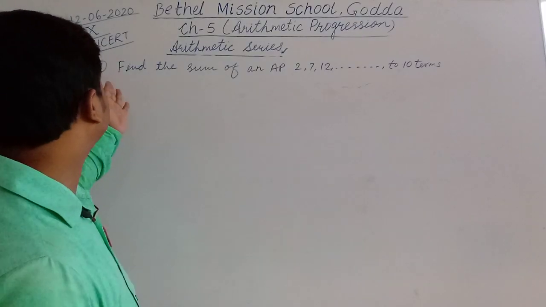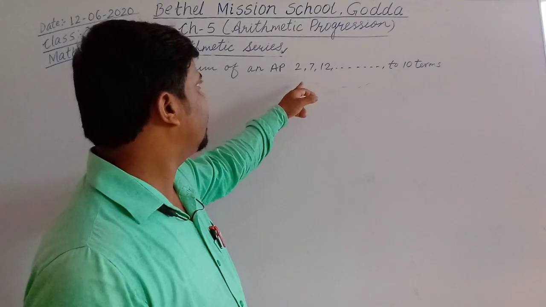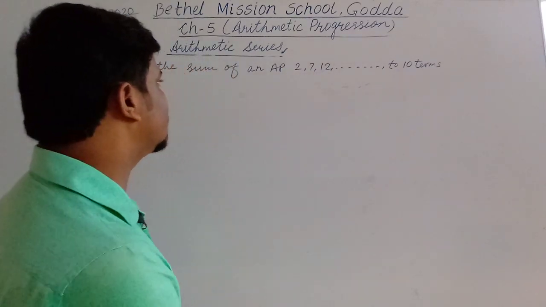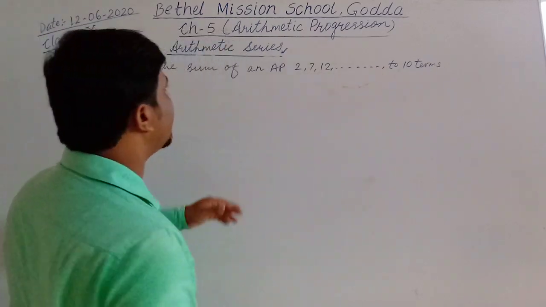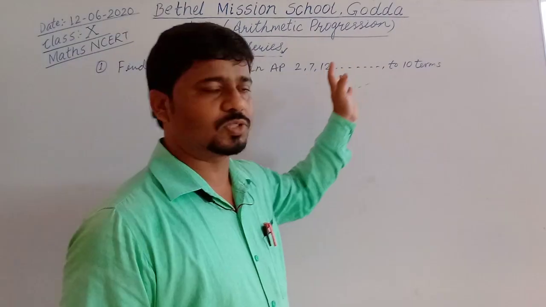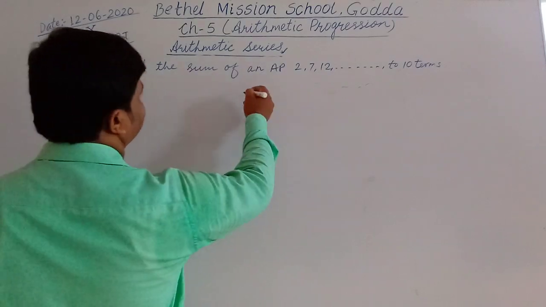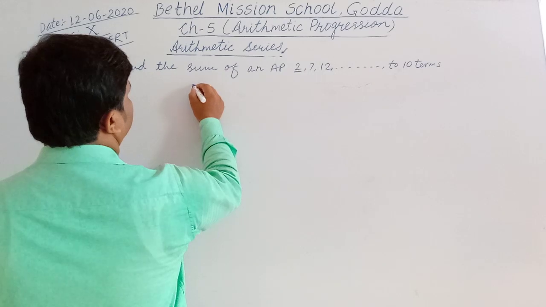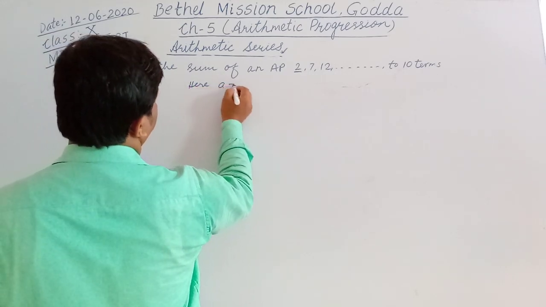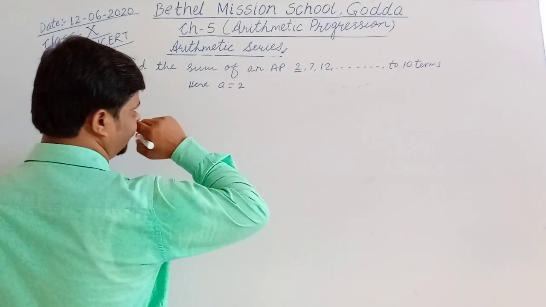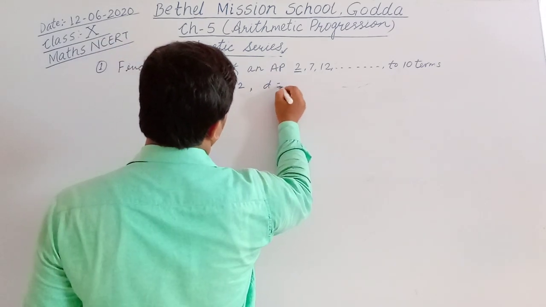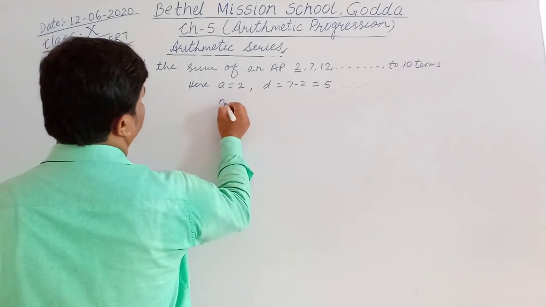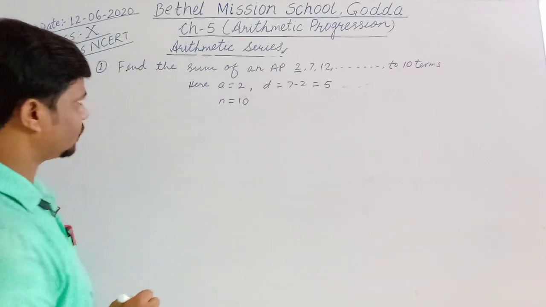See the example. Find the sum of the AP 2, 7, 12 to 10 terms. It means there are a total of 10 terms, and we have to find the sum of these terms. Here this is the first term, so A is 2, D equal to 7 minus 2, which is 5, n equal to 10.